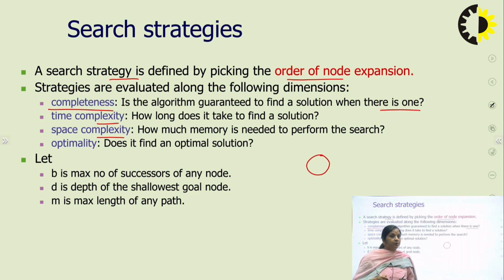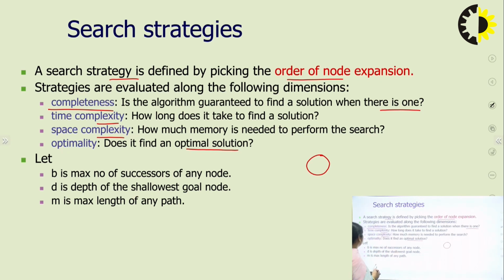So we should evaluate whether the algorithm is able to find the optimal solution or not. Many solutions exist, but among those there may be an optimal solution, which is desirable, the best one, in which we pay a low cost. So we check whether the algorithm is optimal or not.